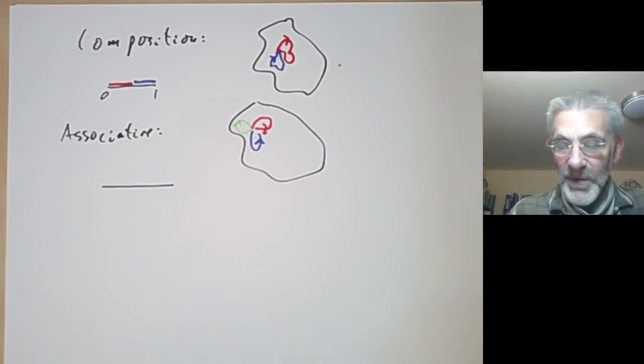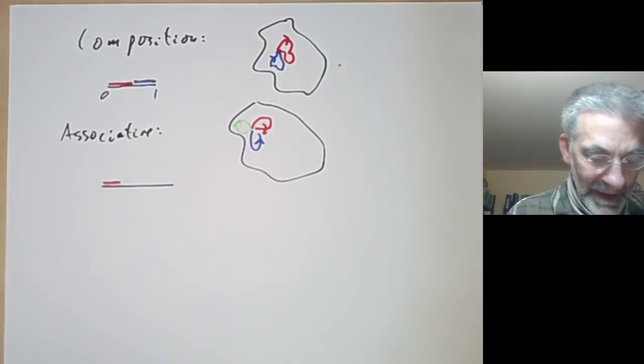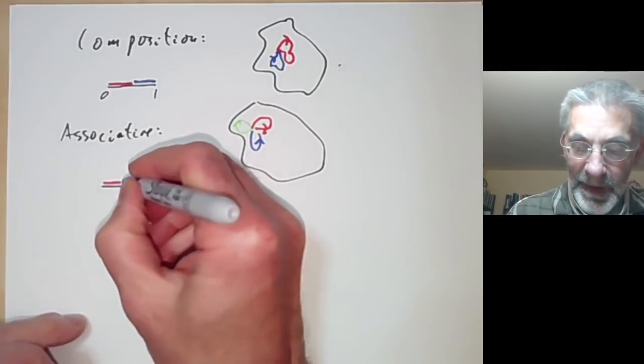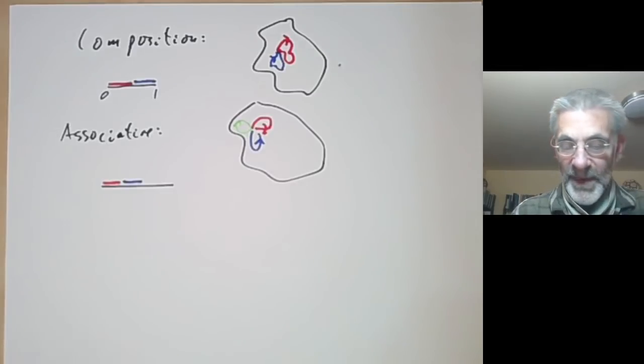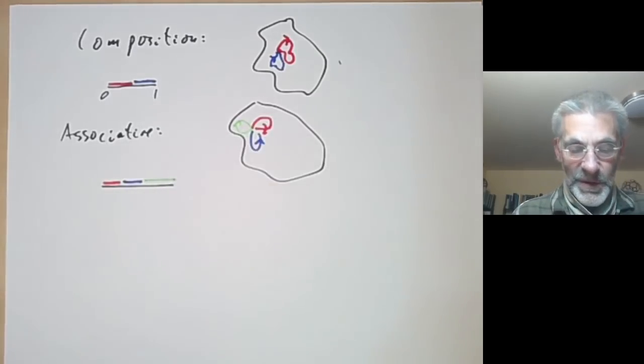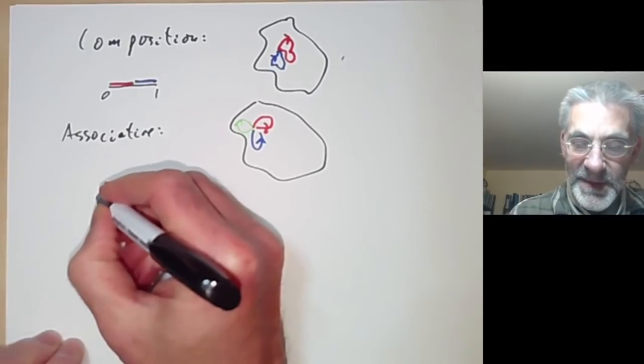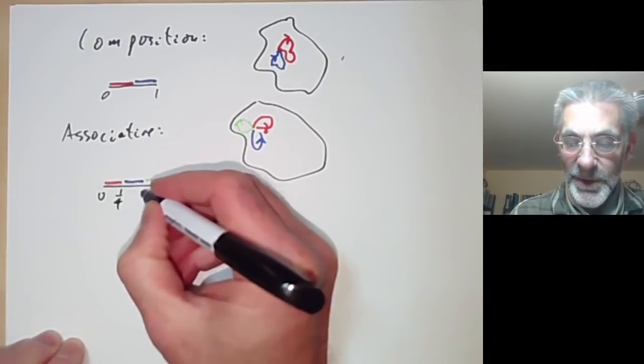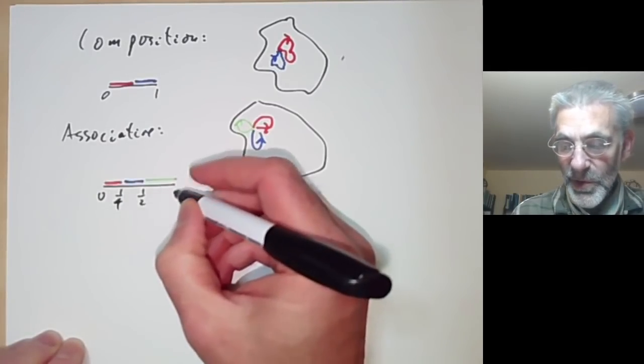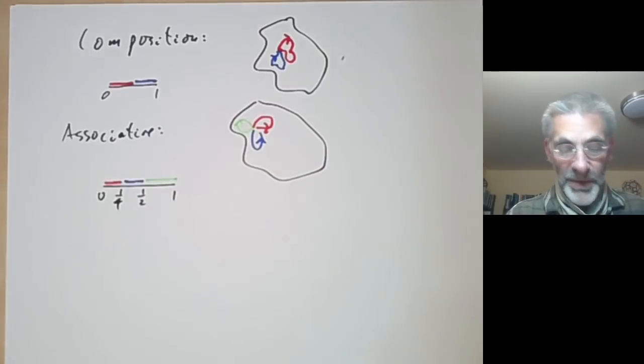If you multiply the red loop by the blue loop first and then multiply by the green loop, what you get is, from 0 to a quarter you're going along the red loop, from a quarter to a half along the blue loop, and from a half to 1 along the green loop.